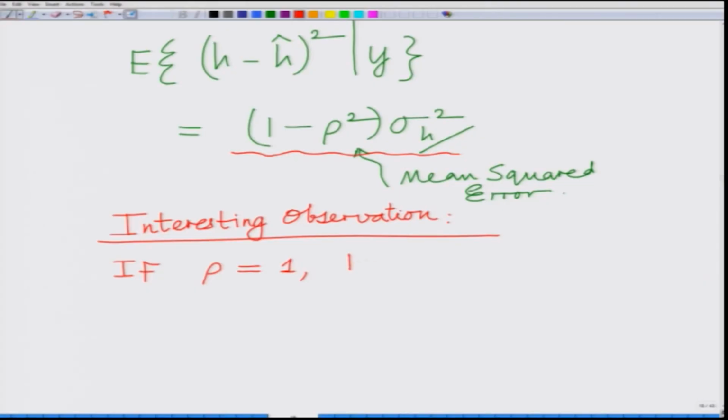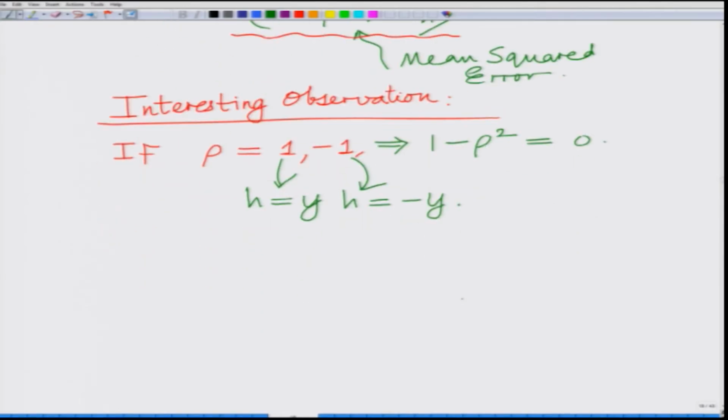So, if rho equals 1 or for that matter -1, this implies 1 minus rho square equals 0. So, in this case what we can see is H is basically equal to Y or H is basically equal to -Y. H can be perfectly estimated.